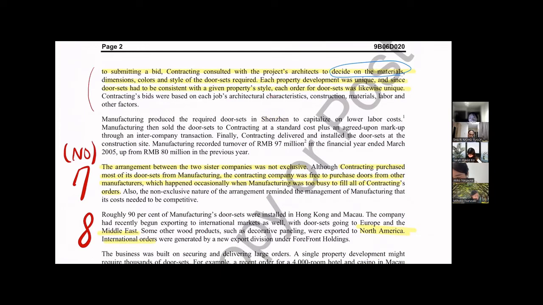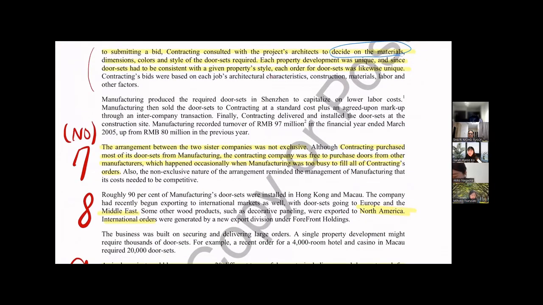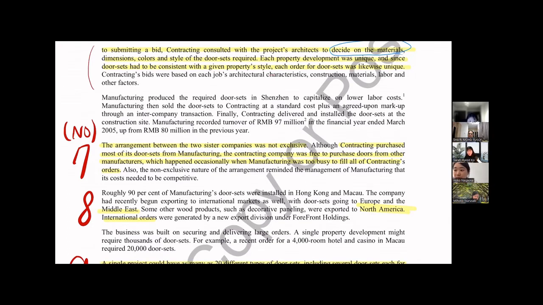Okay. So what was question number 7? Question number 7 was, does Forefront Contracting buy doors only from Forefront Manufacturing? And we think the answer is no. Yeah, you're right. Because they also buy from their competitors.